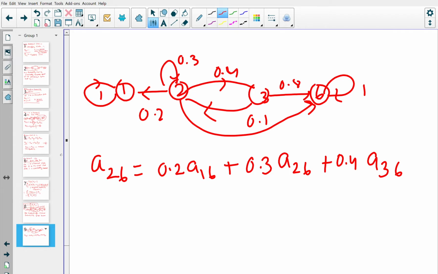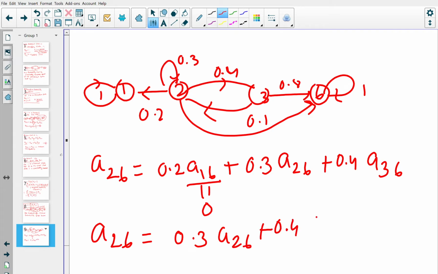But this one, A16, is 0, because A itself is the absorption state, so this gets cancelled. So the answer is A26 equal to 0.3 into A26 plus 0.4 into A36.